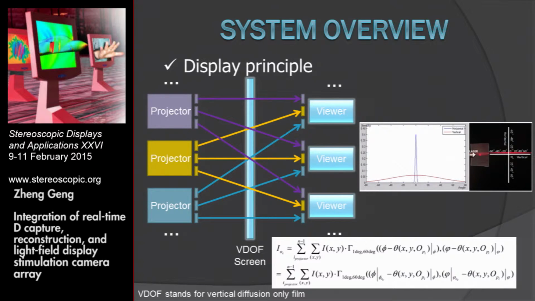As the right image shows, it will diffuse the light mainly vertically and rarely horizontally. So we just put several projectors in the same place, and the VDOF screen will remap the light for the viewers, and the viewers could see, and only could see, the corresponding images that we let them know, and they will feel the three-dimensional feeling.